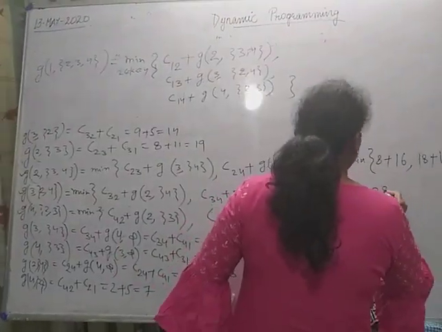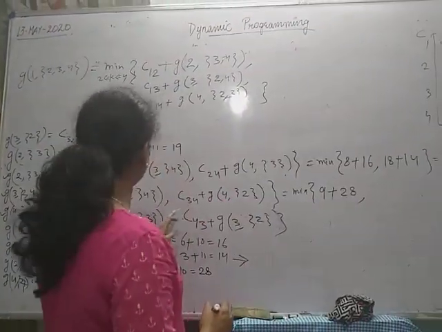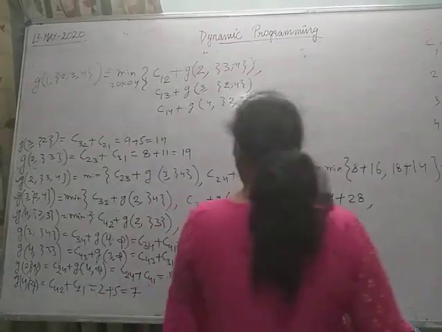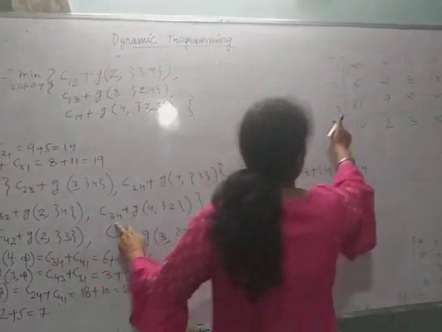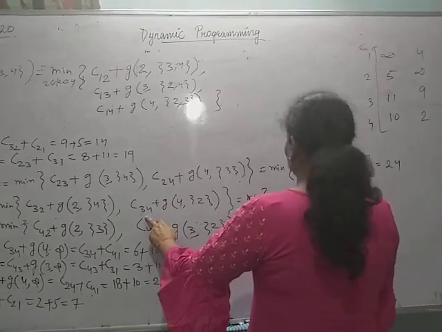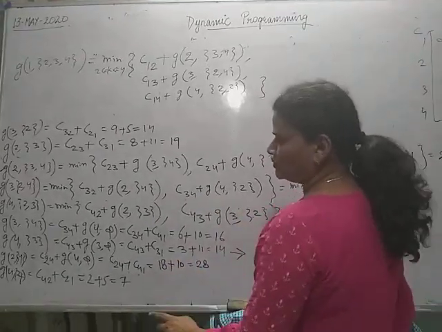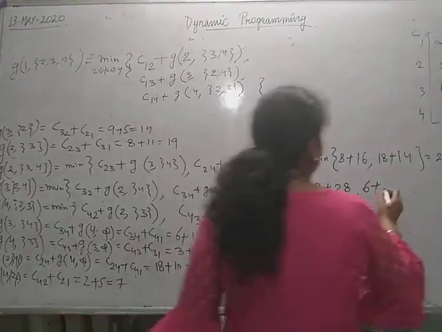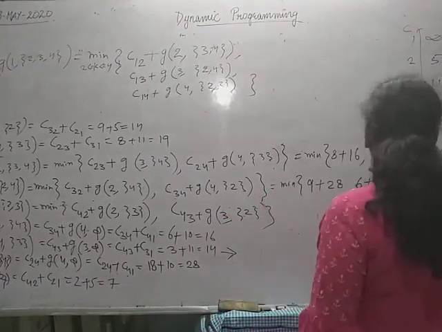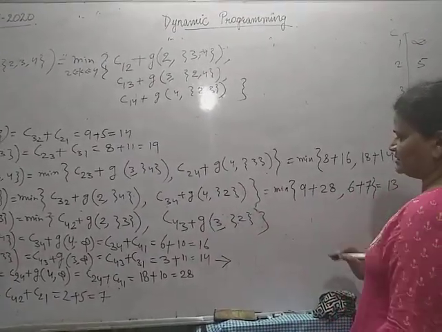Okay, 28. Now then next is what? C34 is 6 plus G42 is 7. Okay. So this is what? Minimum entry will be 30. Okay.